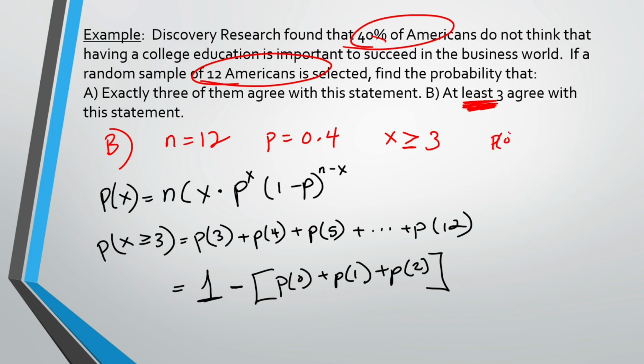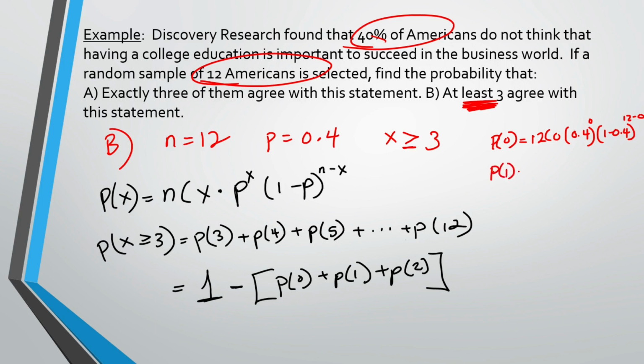P of 0 is equal to 12 choose 0 times 0.4 raised to the 0 times 1 minus 0.4 raised to the 12 minus 0.